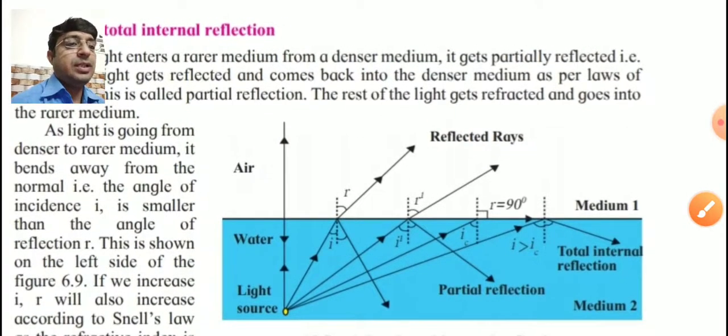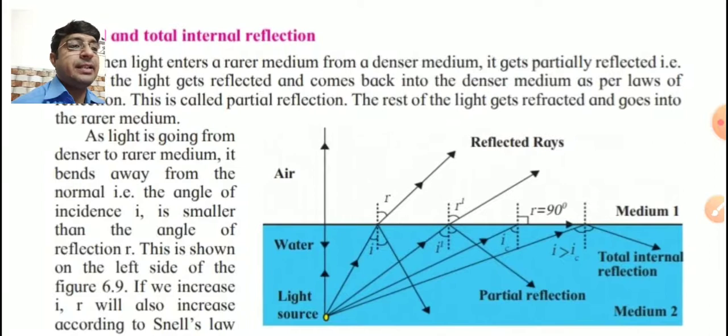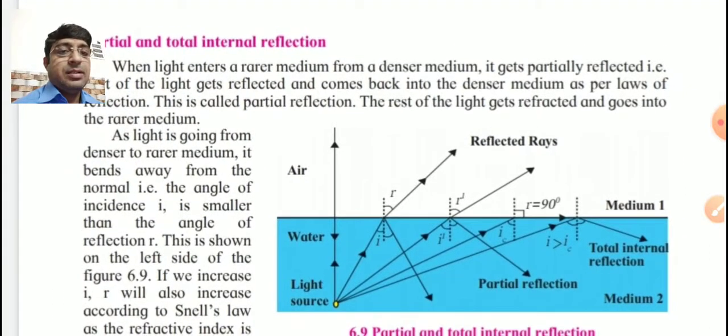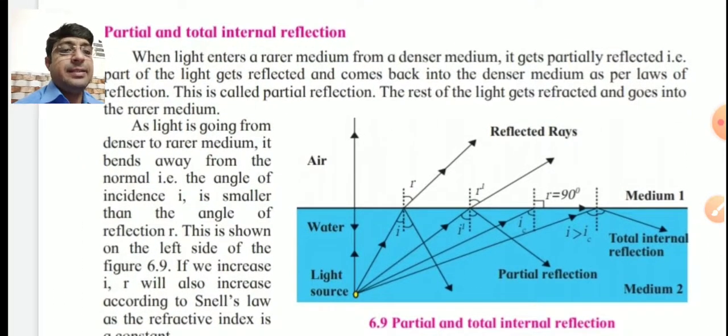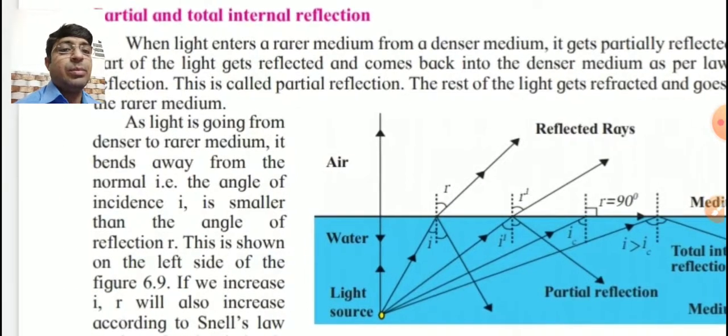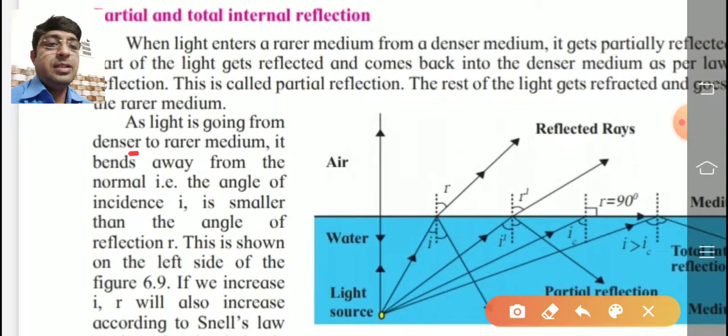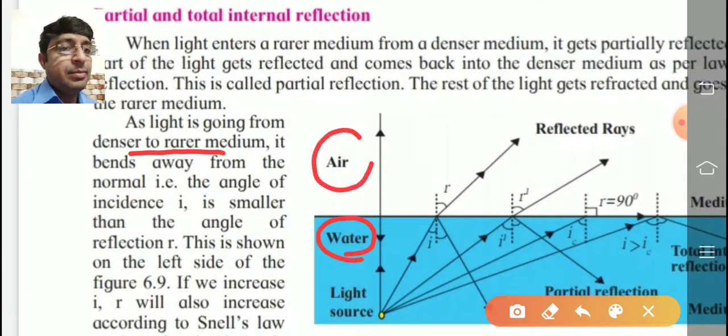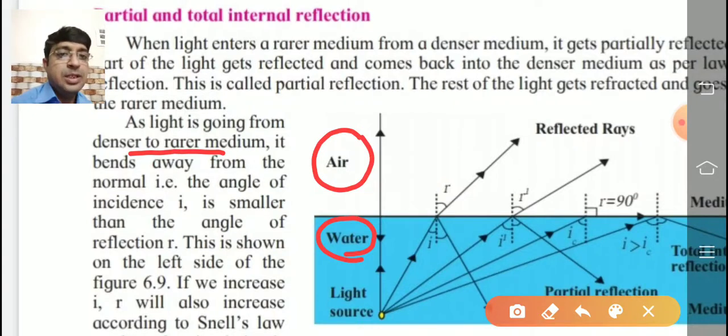The rest of the light gets refracted and goes into the rarer medium. As light is going from denser to rarer medium: the blue colored one is the water medium, that is the denser medium. The second medium is air, that is the rarer medium. So light is going from water to air, that is from denser to rarer medium.